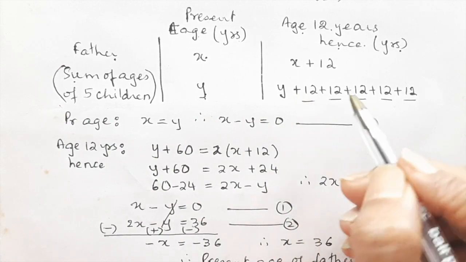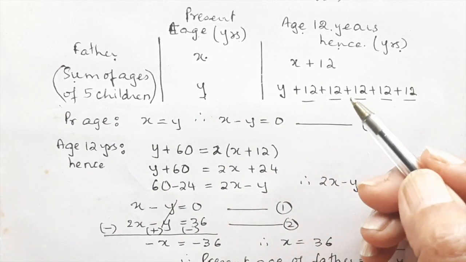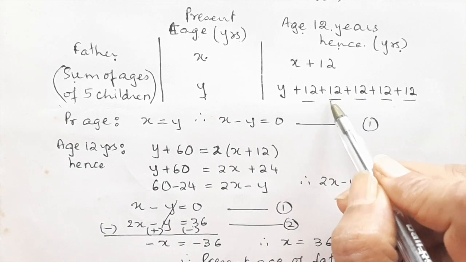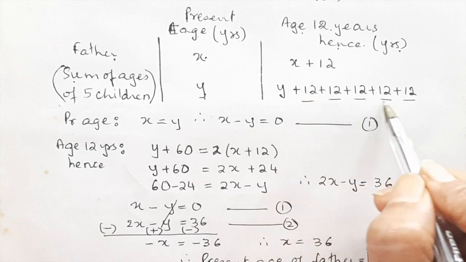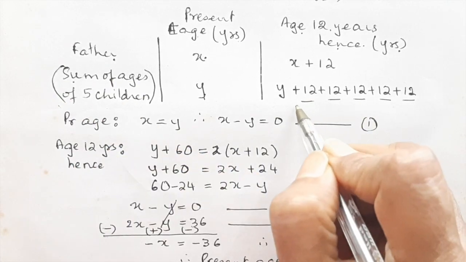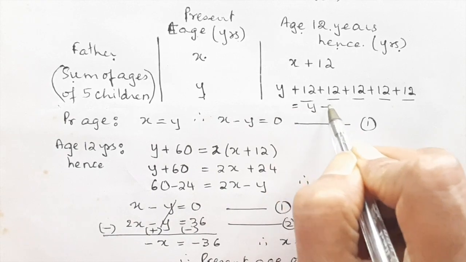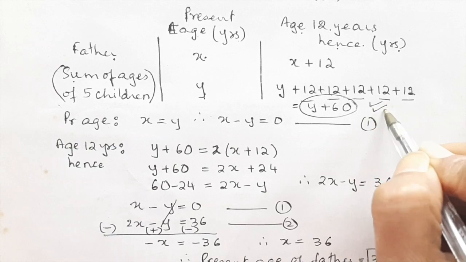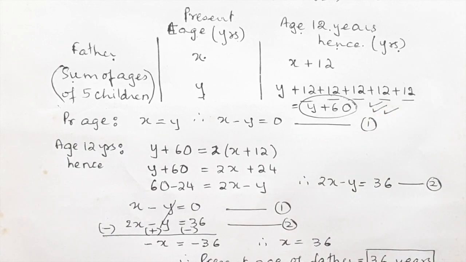Each one of them will be increasing their ages by 12 years. So first one increases by 12, second one increases by 12. So the sum of all the 5 children after 12 years will be y plus 60, and this is the important step. Okay?